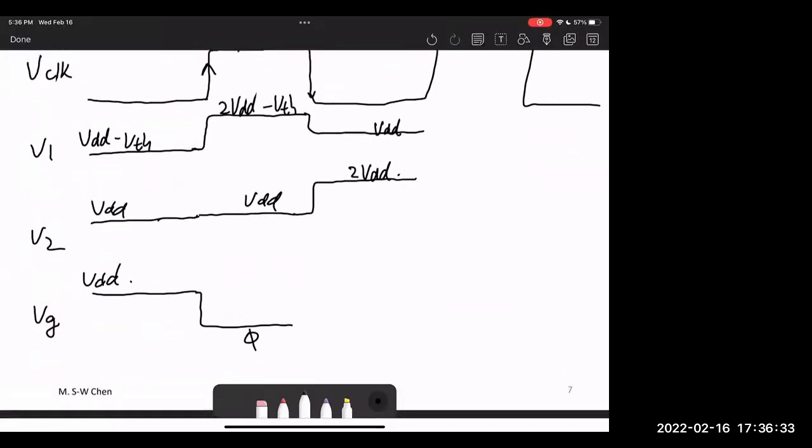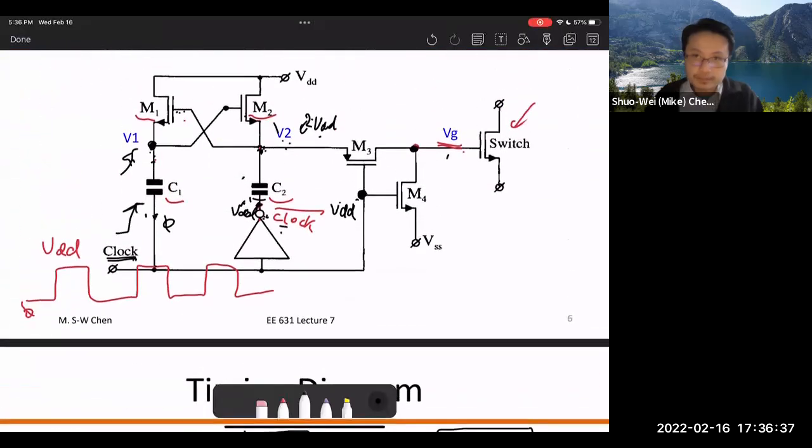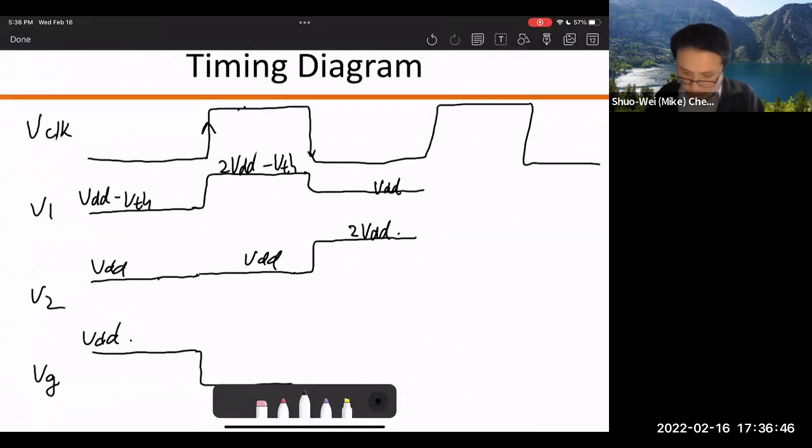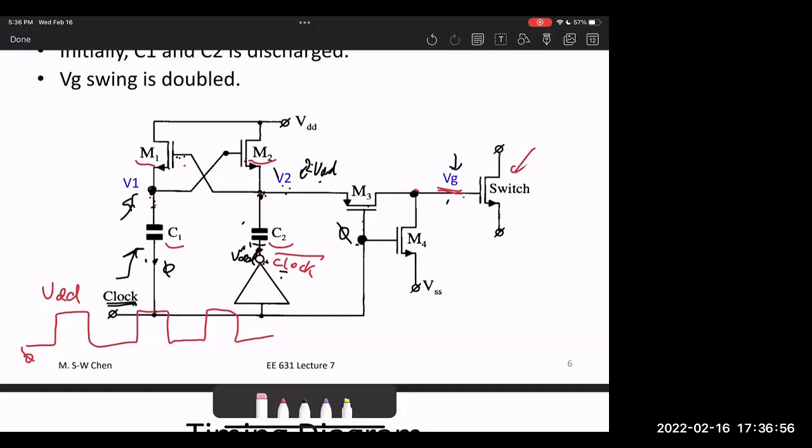All right. What about VG? In this case, we need to see what happened to VG. The gate of M3 right now is ground, right? If this is ground, what happened to M3? It's on, right?